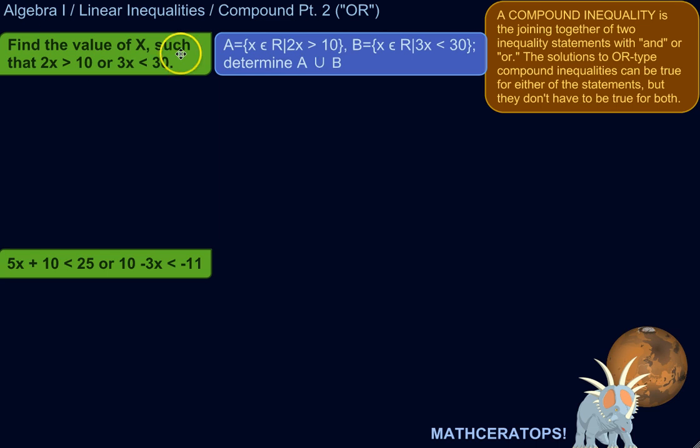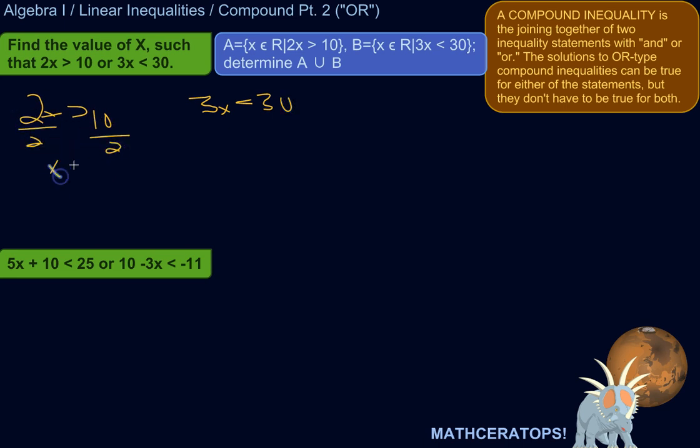So yeah, this is the same thing. Let us solve this. Just deal with these inequalities separately first. 2x is greater than 10, or 3x is less than 30. We want to solve for x, so it's being multiplied by 2, so let's divide by 2.